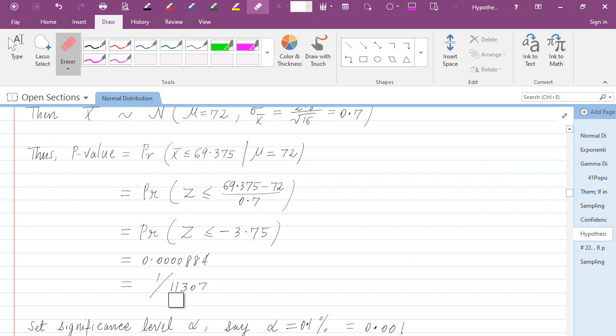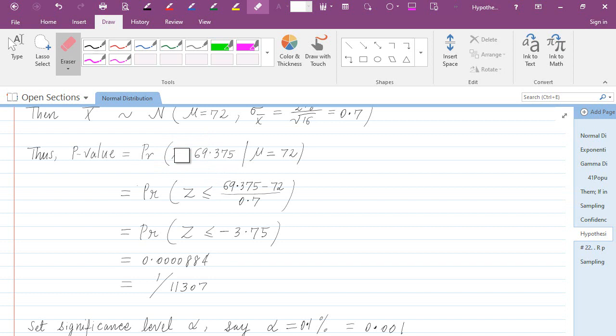Well, if this p-value is very small, that means it's telling us that the event of observing a sample mean less than or equal to the observed one is very low, a very rare event.